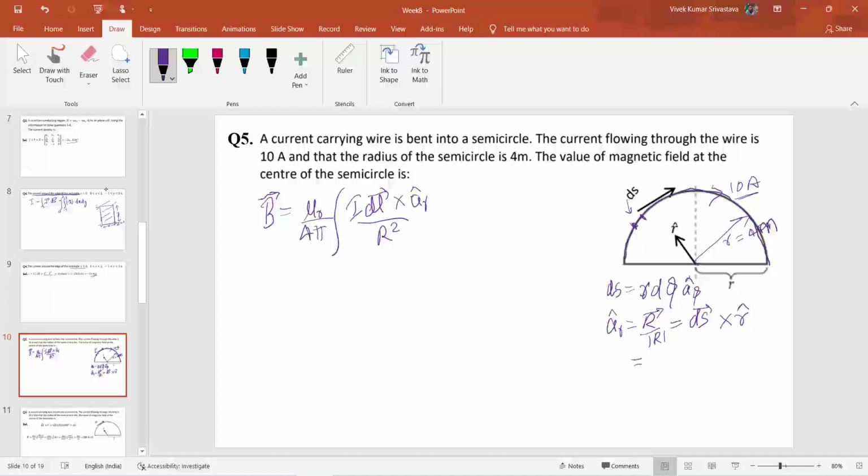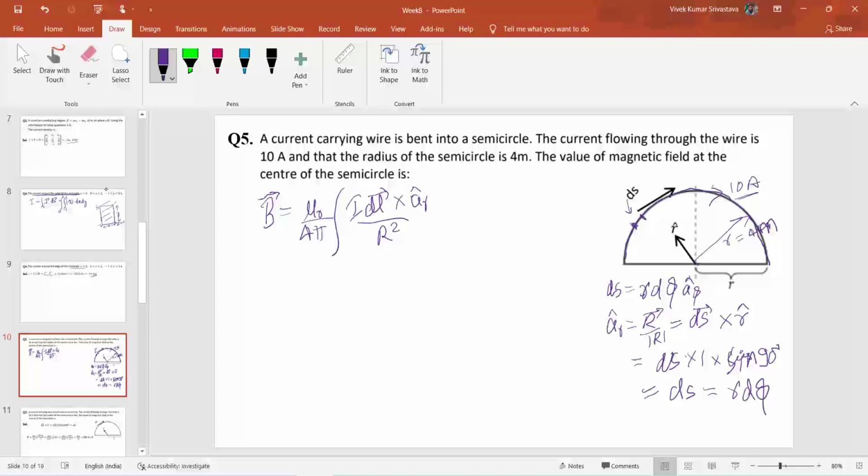This will be equal to ds into r, which is a unit vector, so the magnitude remains 1, into sine 90. So this will be equal to ds, which means the value of a_r is r dφ.